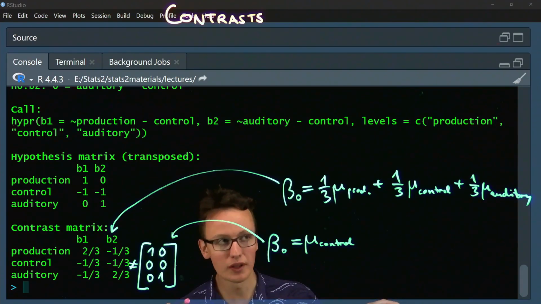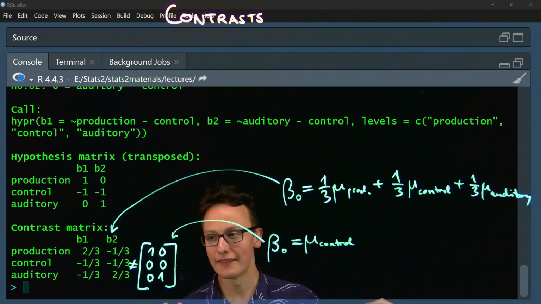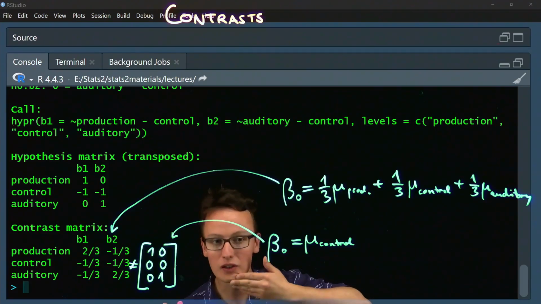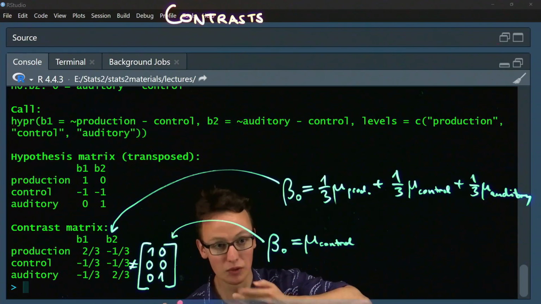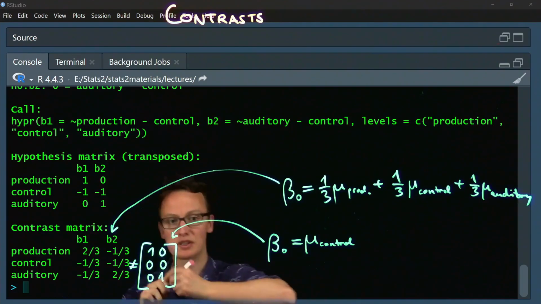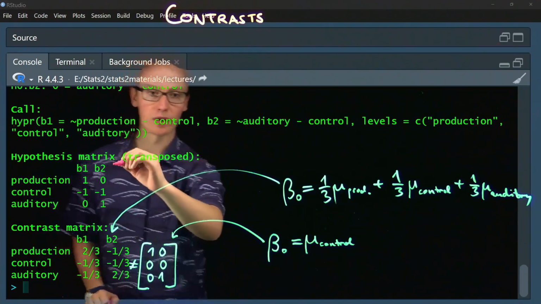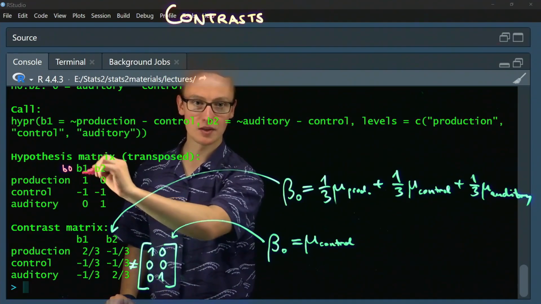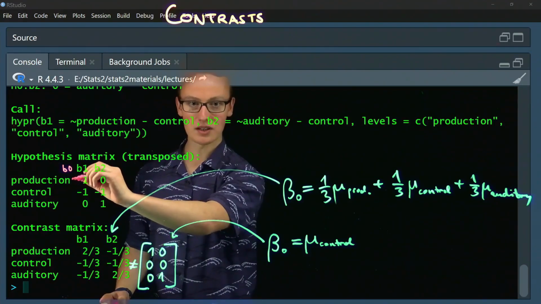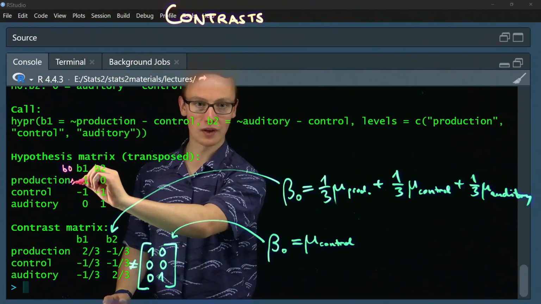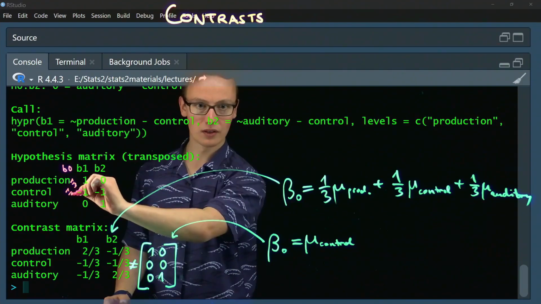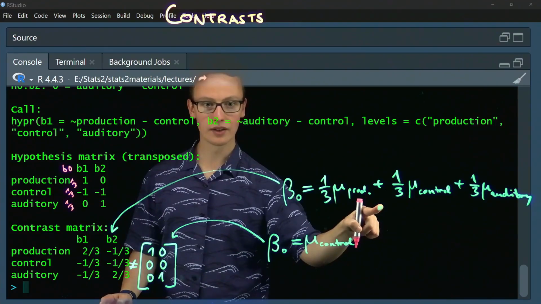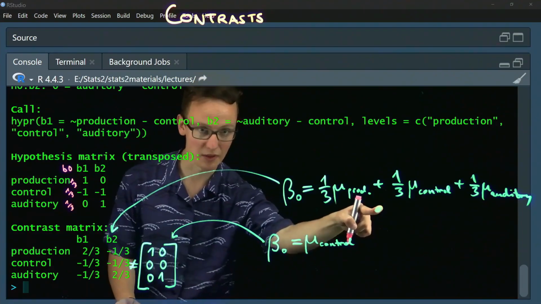If you wanted to see how we can get the traditional treatment contrasts manually, then you could obviously do that and define the full hypothesis matrix, which in that case would also include a column on beta 0, so it would be like the left column, which is implicitly left out here. So what we are doing in this situation is we are assuming that beta 0 will have 1/3, 1/3, and 1/3, right? These are the coefficients that we are making implicitly when we have the intercept represent the grand mean.